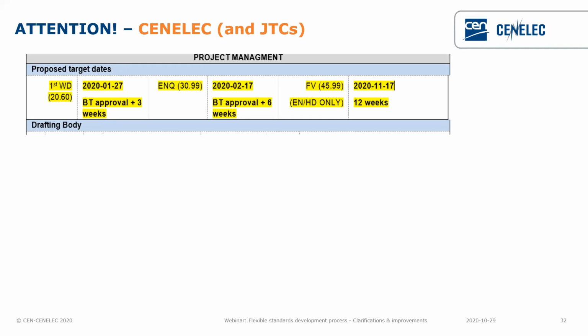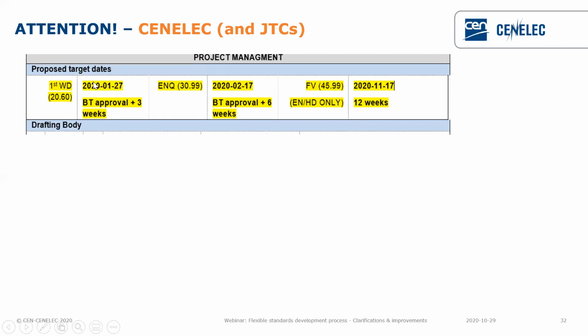You know that TC secretaries cannot encode this data, but this will be in the new work item form, and then data service will look at the form and will insert the data. Imagine that the form has been prepared by the TC secretary maybe 2-3 months before the BT final approval. Therefore, these target dates could be correct or not.